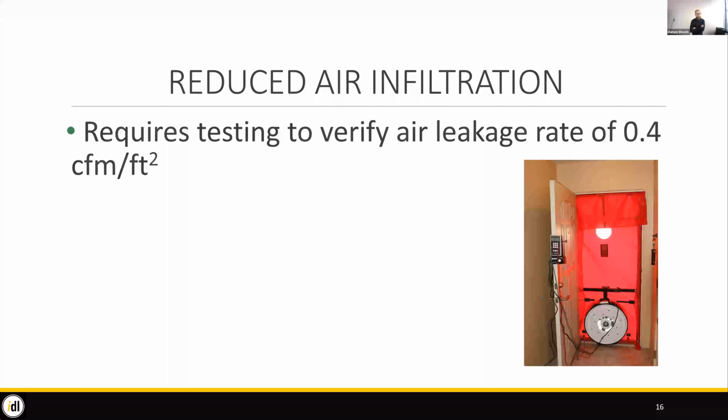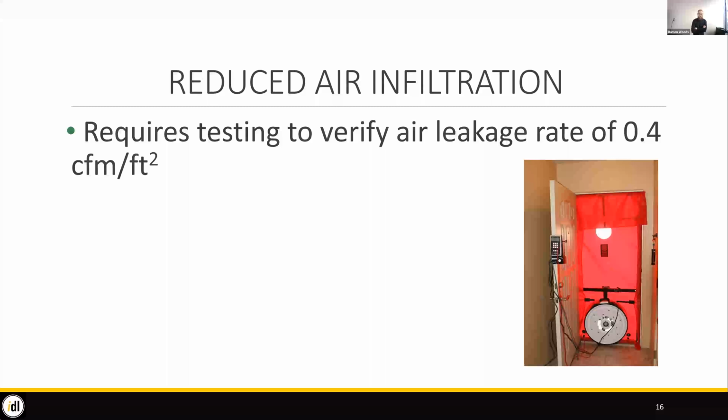So if you cut that down by half, I mean, that's changing your heating load by 15%. So I think this is great if you can find a good commissioning agent who will do the testing.